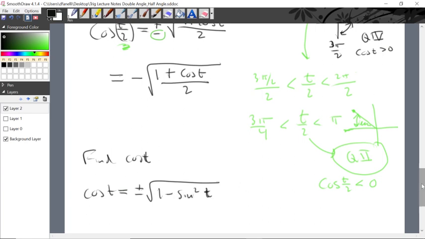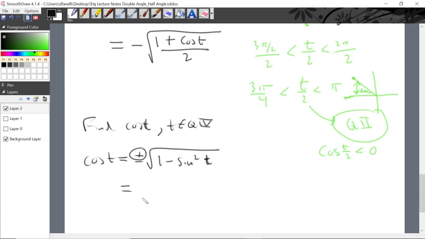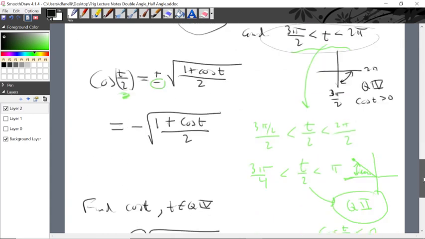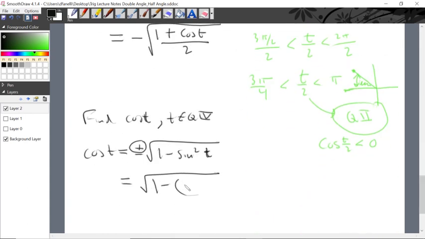In quadrant 4, where t is, cosine is positive, so we choose the positive. The sine of t was given as negative root 15 over 4, and that quantity gets squared.